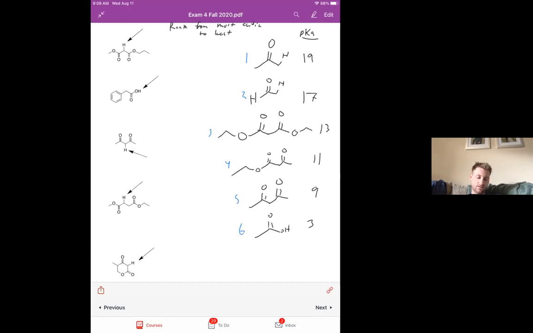This is going to give us a pKa of around 13. We've got a carboxylic acid next. That should have a pKa of 3. Next, we have our 5. It's the exact same structure, so that would give us a pKa of 9. We've got a diester, but they're spaced differently.